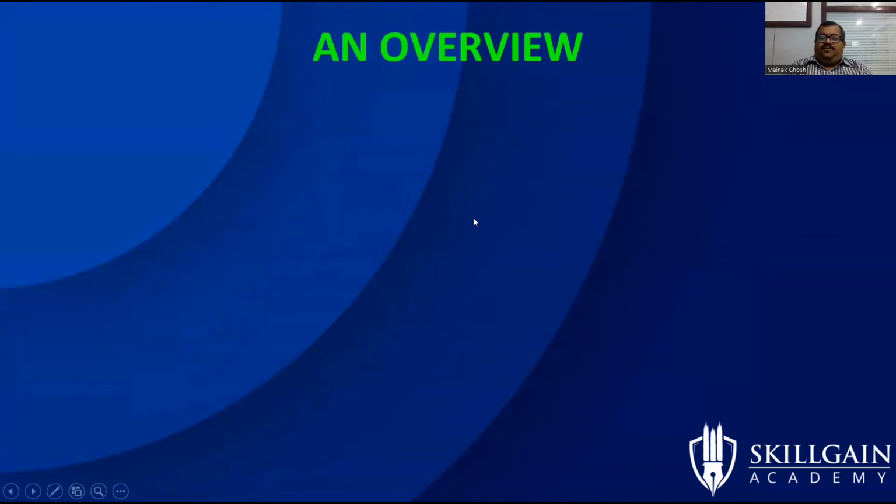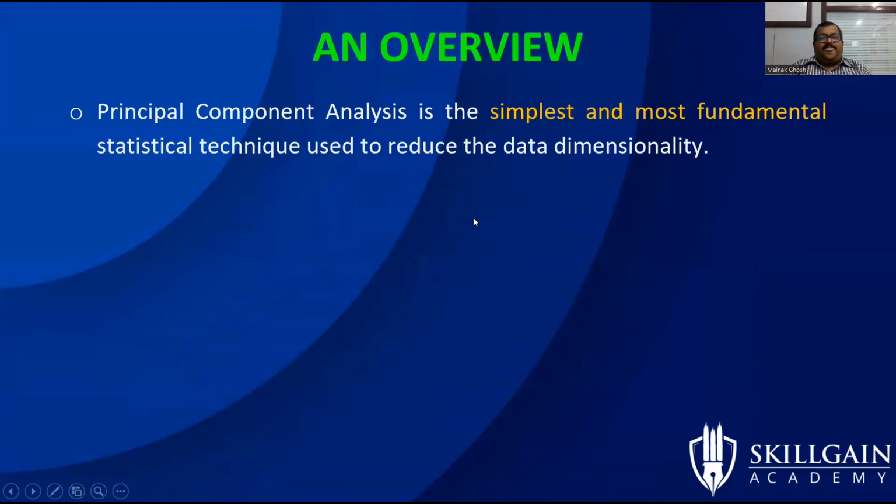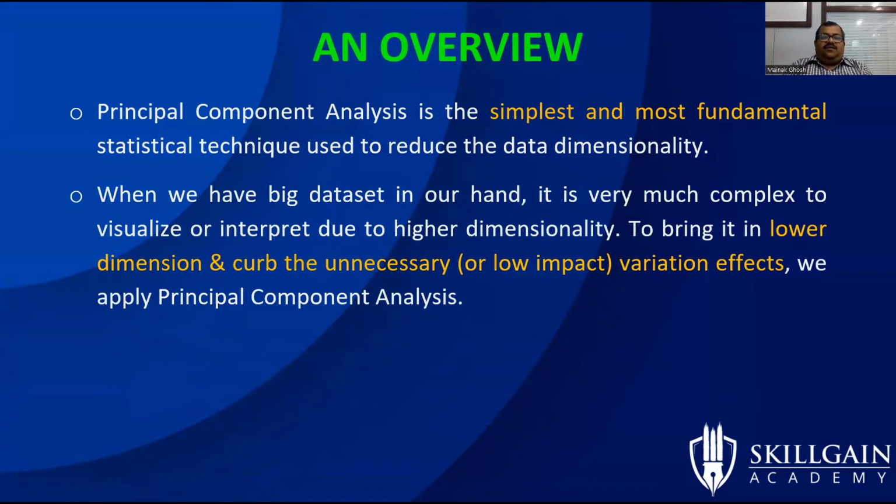So this is the overview of principal component analysis. It is the simplest and most fundamental statistical technique used to reduce data dimensionality. When it is required, as we have already mentioned, to bring data to a lower dimension and curb unnecessary or low-impact variation effects, we apply this technique called principal component analysis.